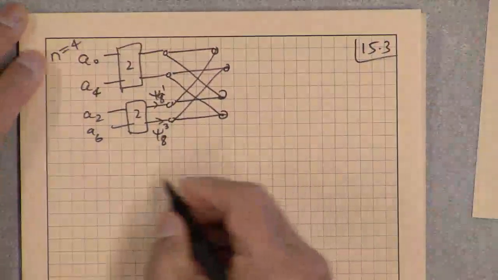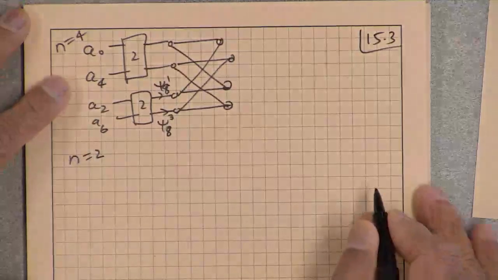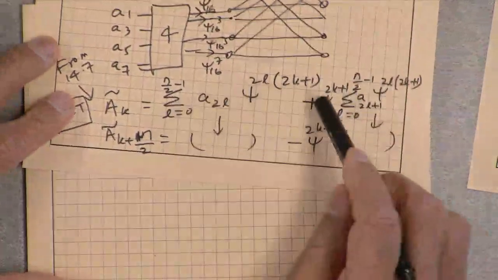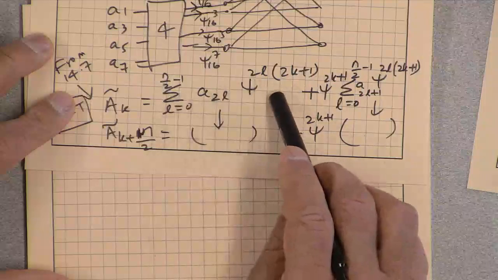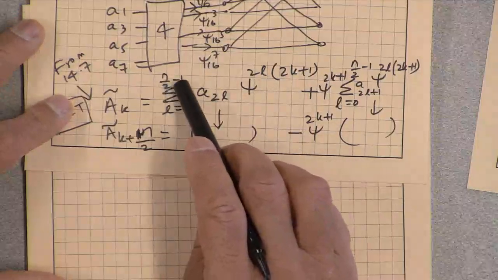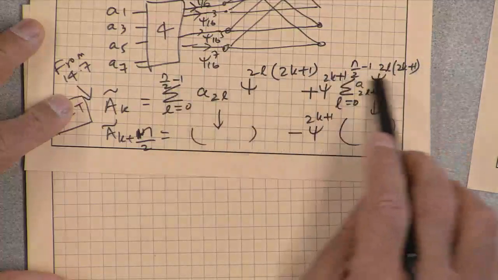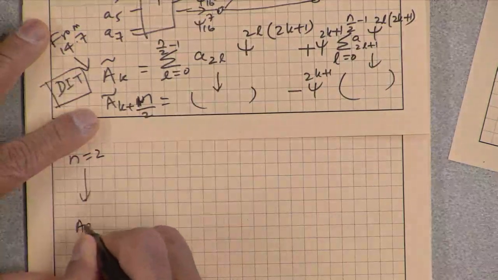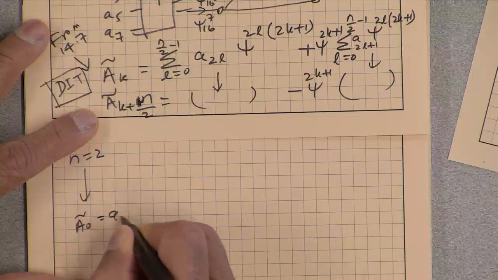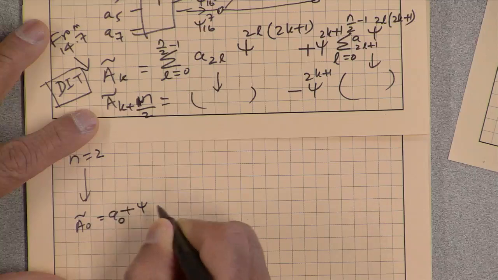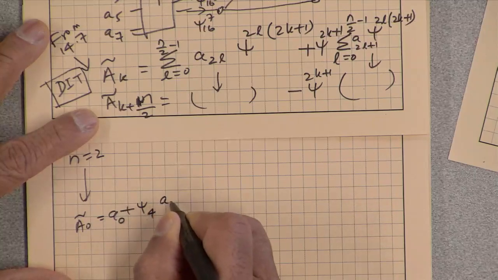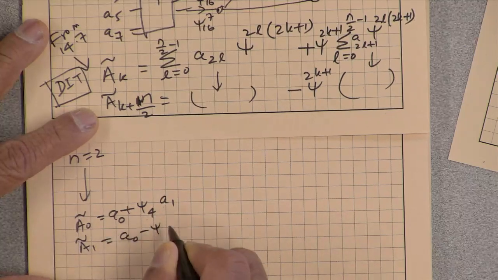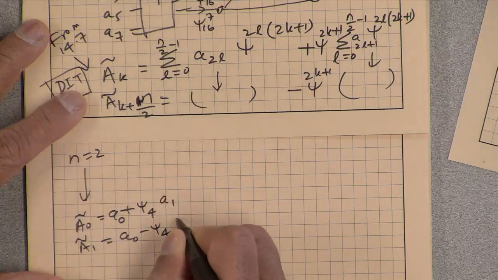Now what is going on in n equal to 2? For the 2 point, if you just write it down, there is no summation involved. Since n is 2, 2 by 2 minus 1 is 0, so this whole thing is just n equal to 0. If you write down the equation for n equal to 2, then a0 tilde will be equal to a0 plus psi 4 a1, and a1 tilde is going to be a0 minus psi 4 a1, where for n equal to 2, psi is the fourth root of unity.